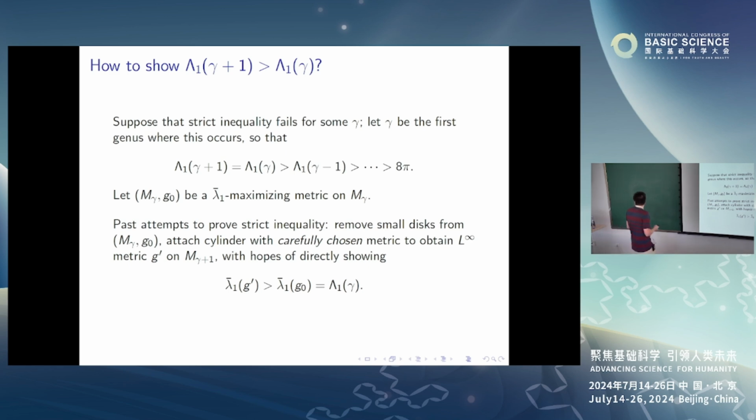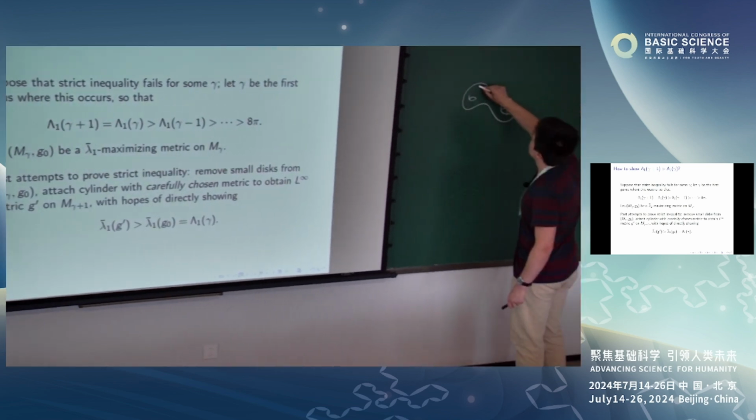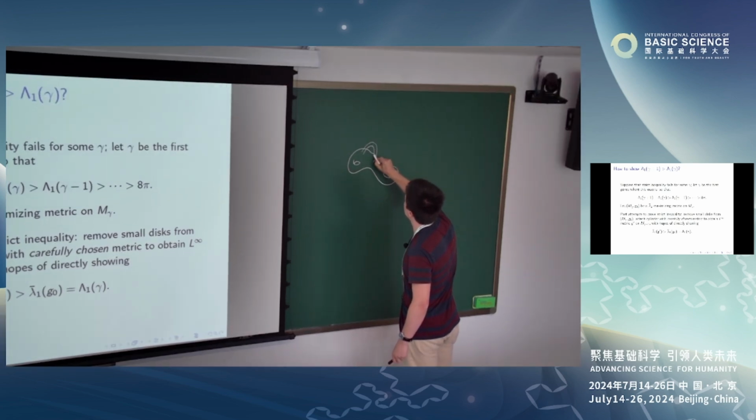Well, the idea, maybe I'll start drawing a picture here. Right, so you start from your genus gamma surface. You cut out maybe some tiny disks, and then you glue on a handle, just topologically for now, right?